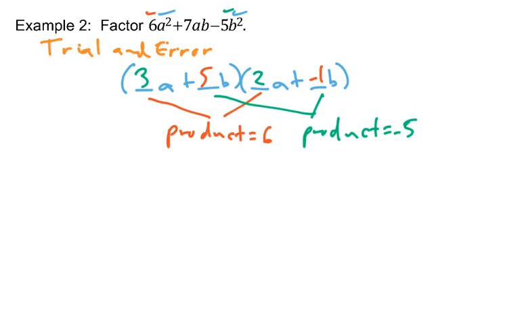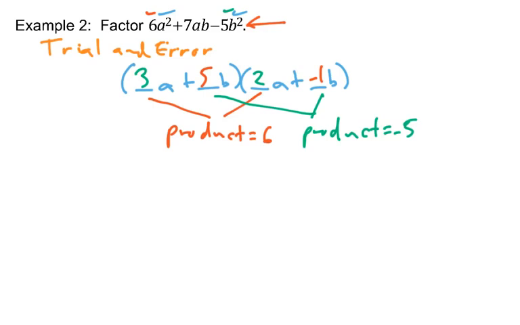Now, it's very possible that you did a trial and error and basically had these 2 factors reversed, with the 2a plus -1b first and the 3a plus 5b second. That's fine. Commutative law says you can do that. No big deal. The way you know whether you're right or not is you use the FOIL rule and multiply these back out and see whether you get the original polynomial.